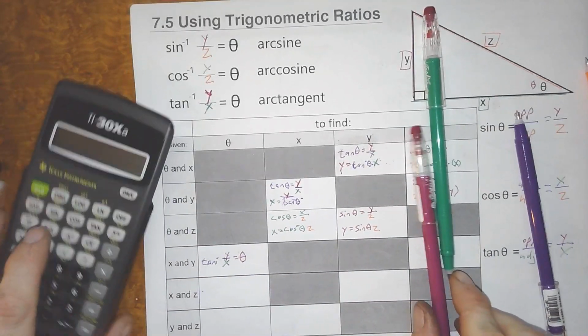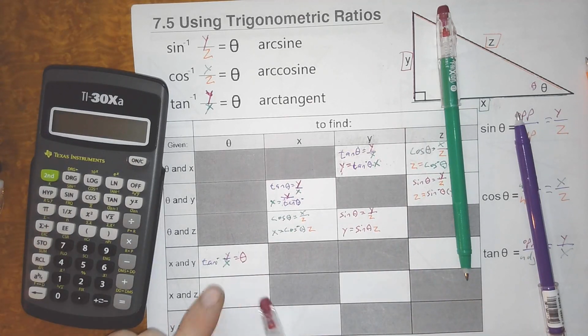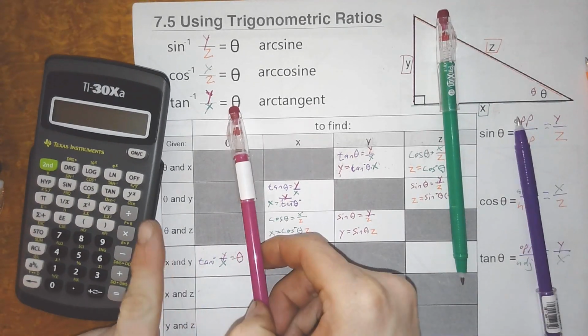Right? So if I do y divided by x, that arctangent, that's the definition of arctangent.